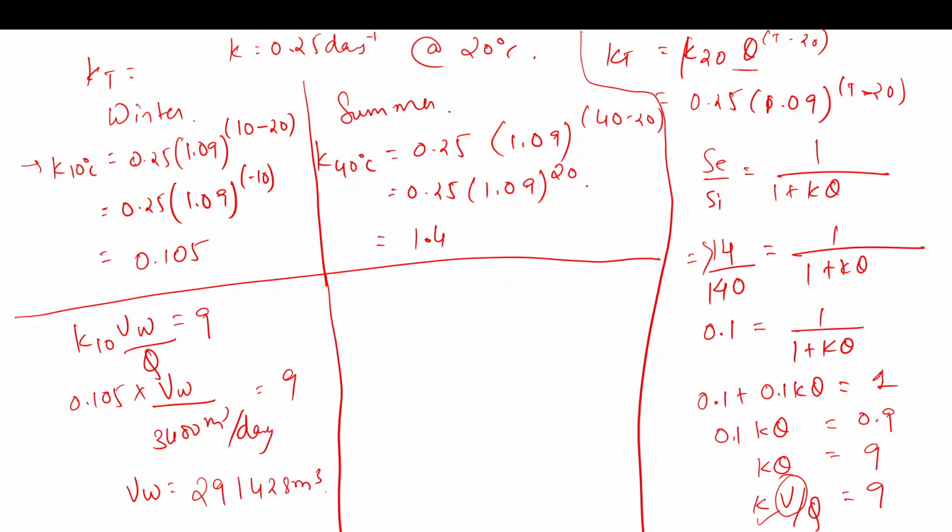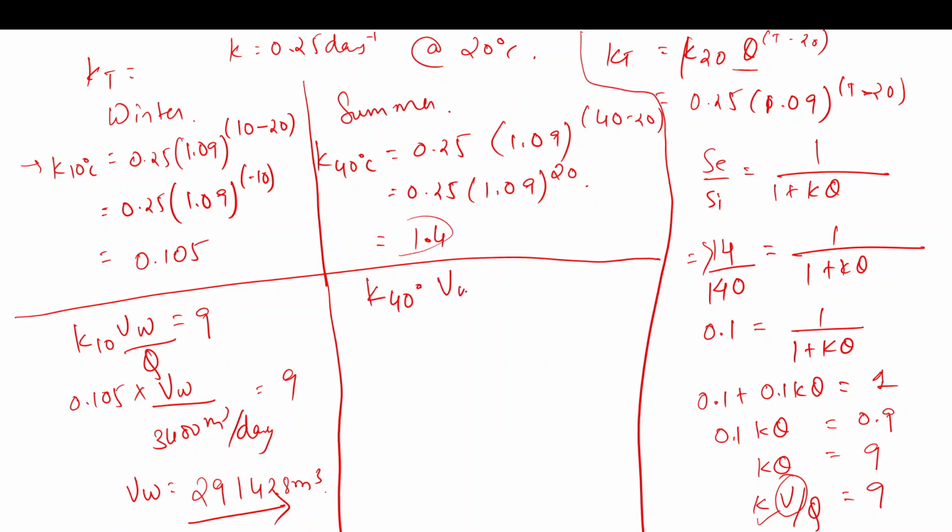So you can say that at low temperature, the rate at which microbes are able to degrade the organic compound is very low. That is why more time is required for similar efficiency, or more volume is required if you provide the same amount of time, while at 40 degrees Celsius the rate is more.